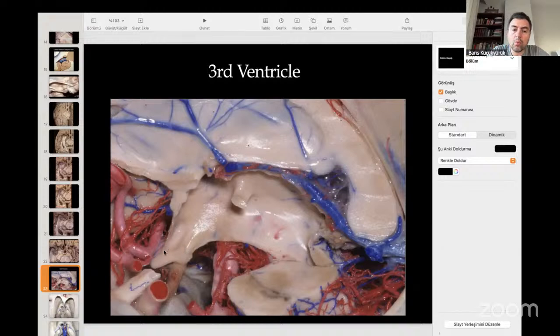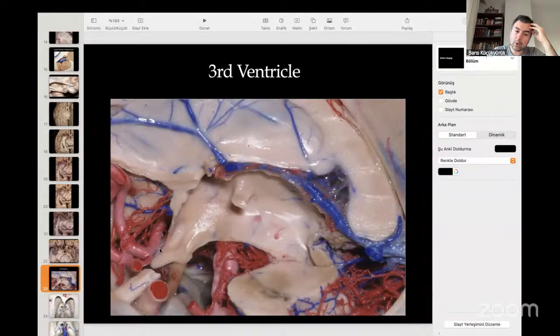The one above is named the optic recess. The one below is called the infundibular recess. We can remember the infundibulum connects here and it becomes the infundibular recess, and the optic nerve connects here and becomes the optic recess.